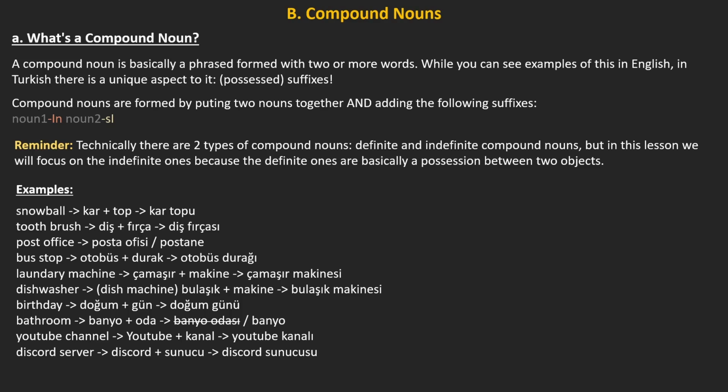Let's have your other examples. Feel free to write your own examples. Lavanta yağı, nice. Lavanta and yağ, like lavender oil. Or I'm not sure what they call it, but you know the carriage behind horses, where people sit, at least in the old times, like horse and car.